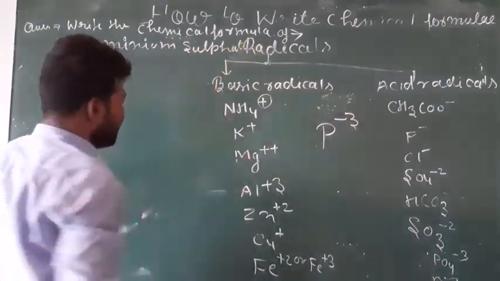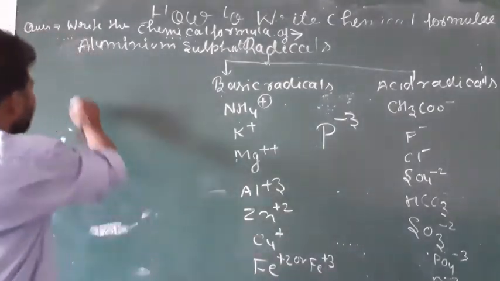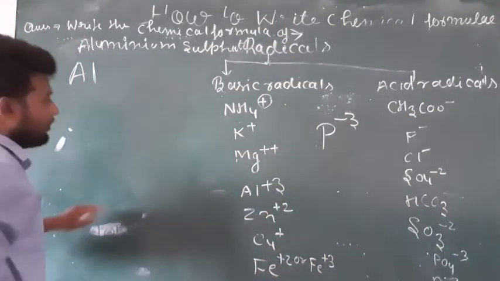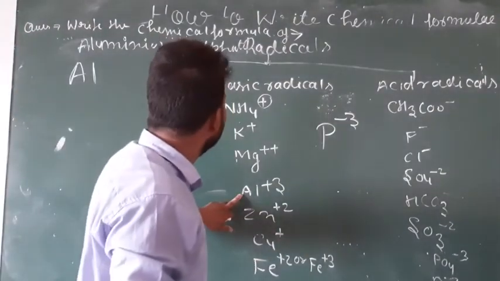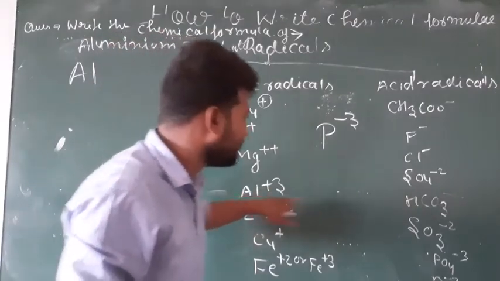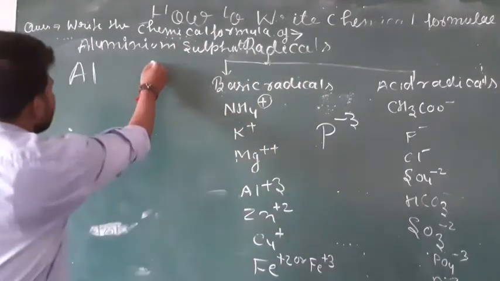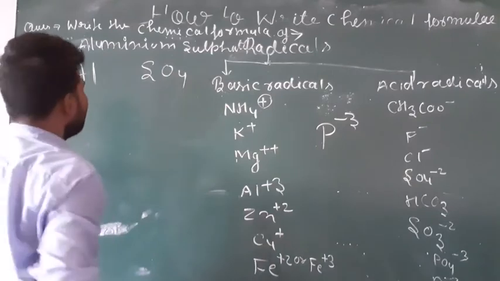First, you write the symbols: aluminium Al and sulfate SO4.